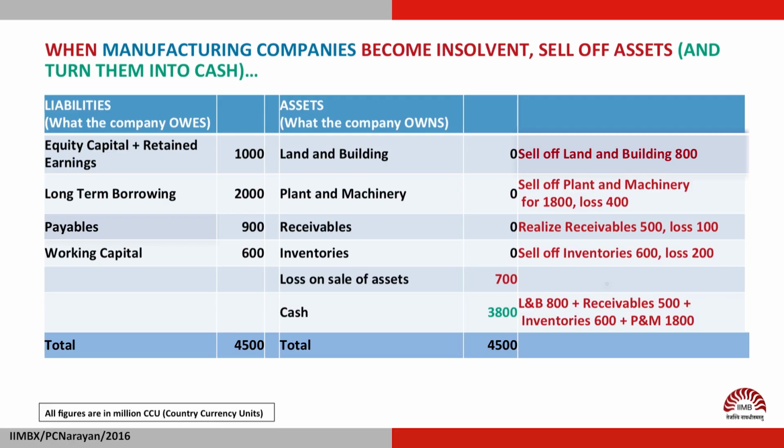If you look at the situation of the company now, after it has liquidated all its assets, its balance sheet is going to look a little like this. Loss on assets 700, cash 3,800, and the balance sheet size continues to remain at 4,500. Remember, all these are the liquidated assets which resulted in a loss of 700.